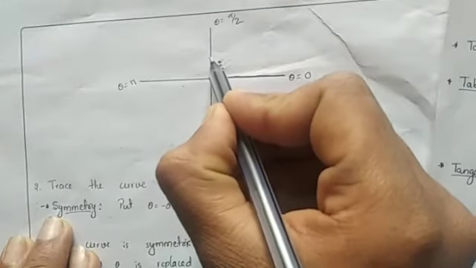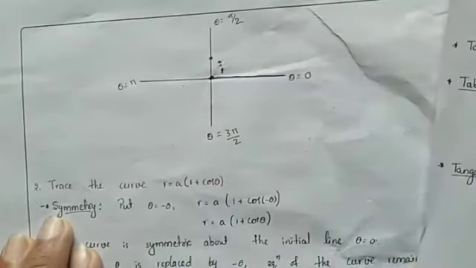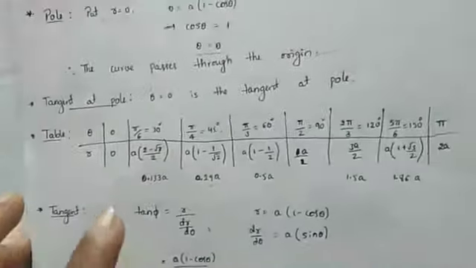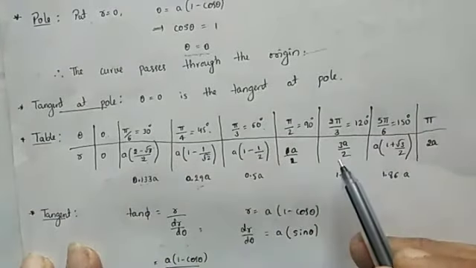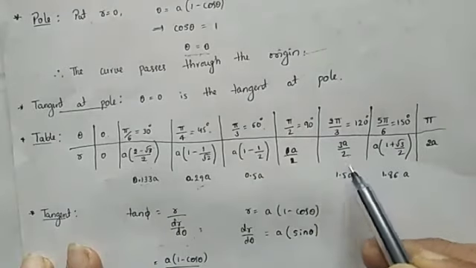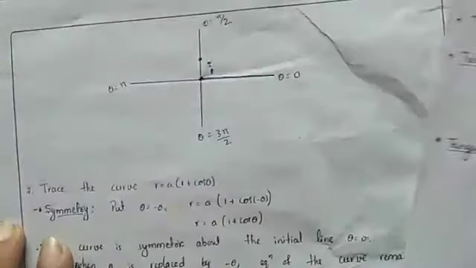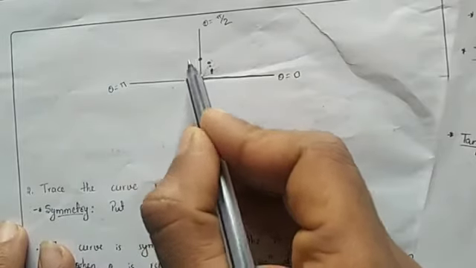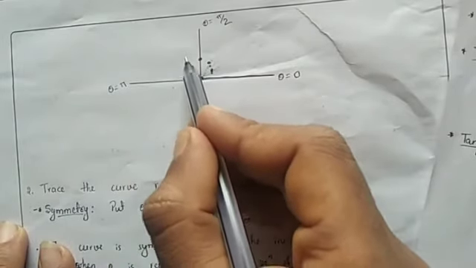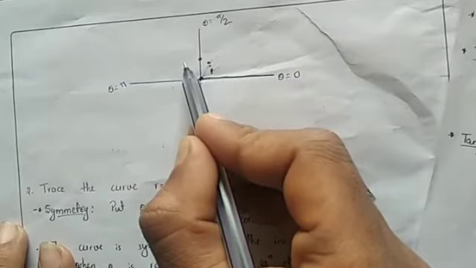This point is a. The next, for the theta value 120 degrees, we get the r value is 3a by 2. 3a by 2 is 1.5a. 1.5a is this one. It is the 120 degree angle. In the 120 degree angle, we get 1.5a.